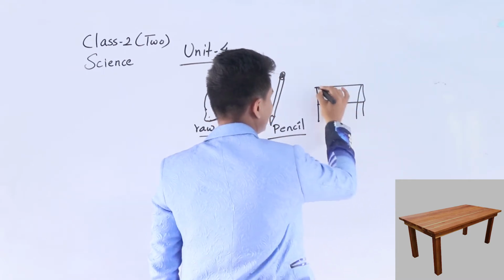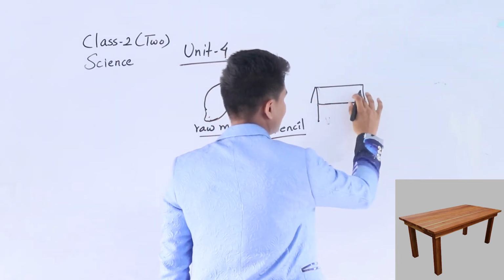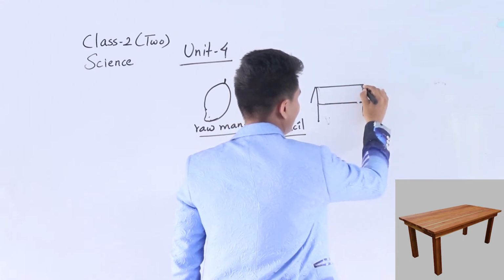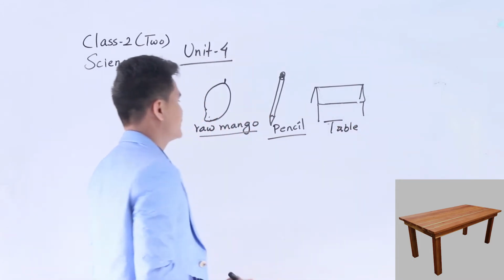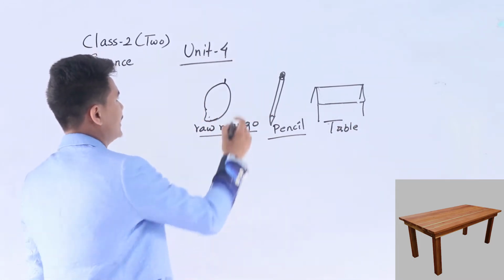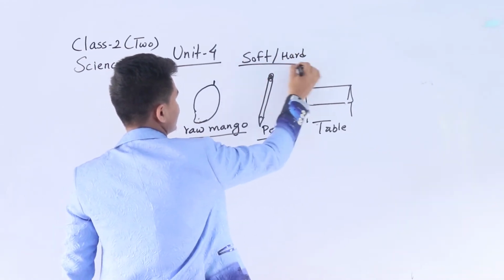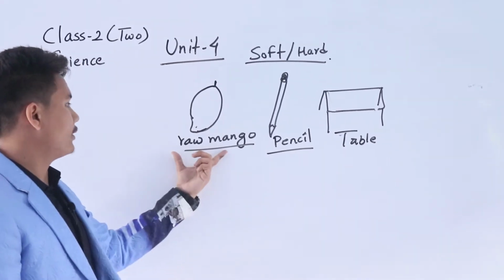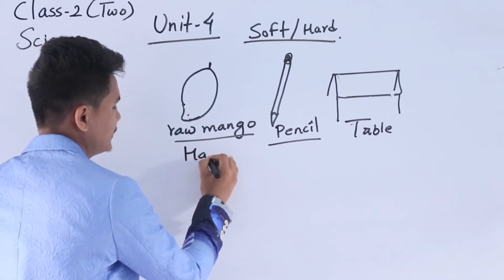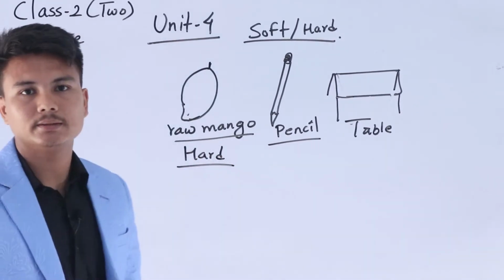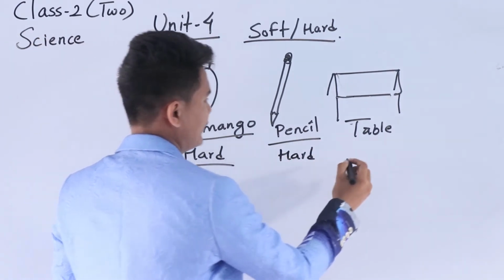This is your table. Now you have to find out which object is soft and which is hard. Raw mango, can you guess it? Yes, it is hard. The raw mango is very hard. Pencil, it is also hard. Table, it is also hard.